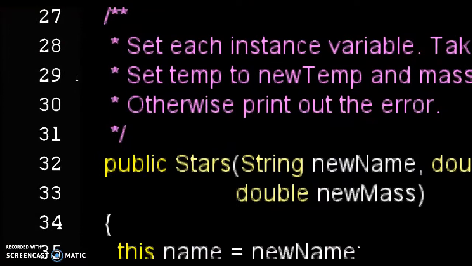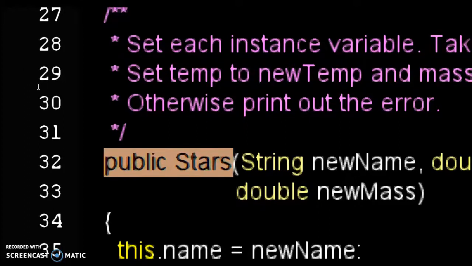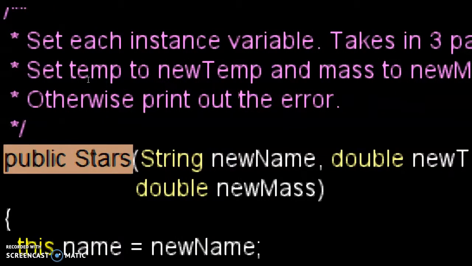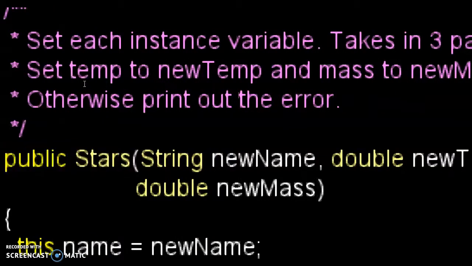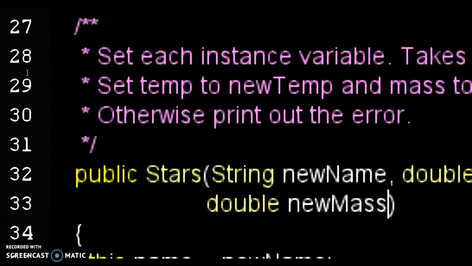Next, we're going to set each of our instance variables. Though if you see on line 32, we have the same constructor method as before, being public stars, except that now we have a parameter list with the new name, new temp, and new mass.